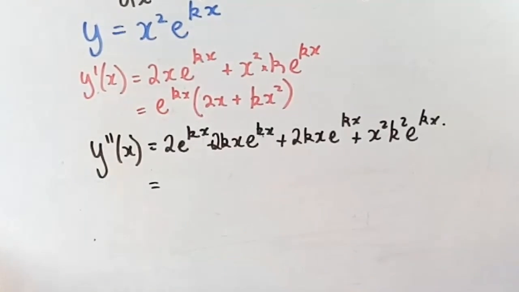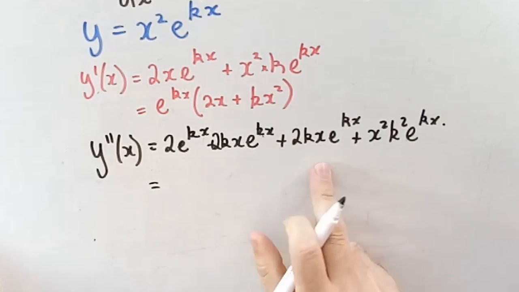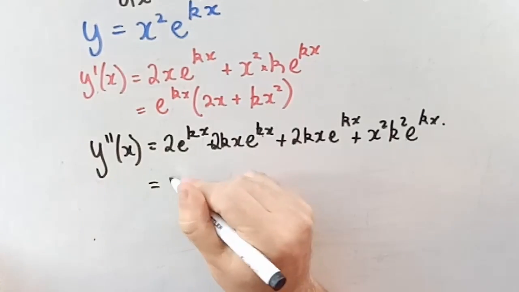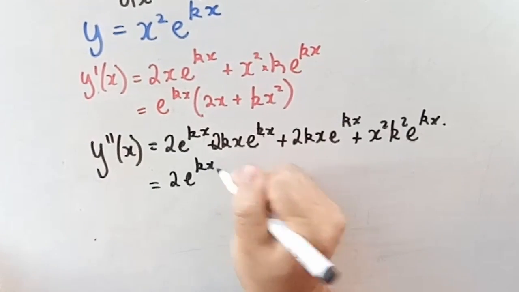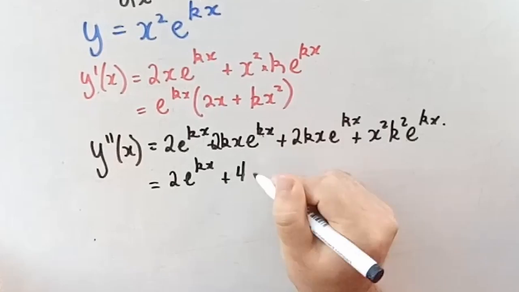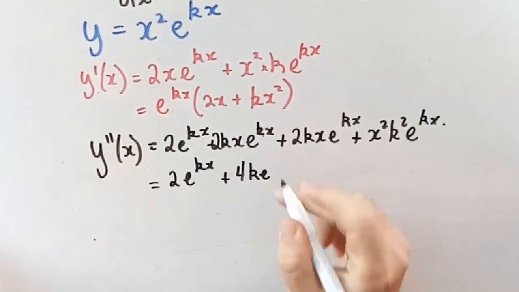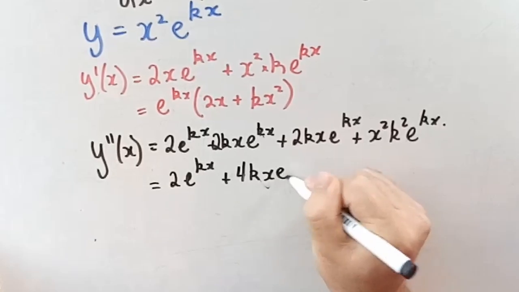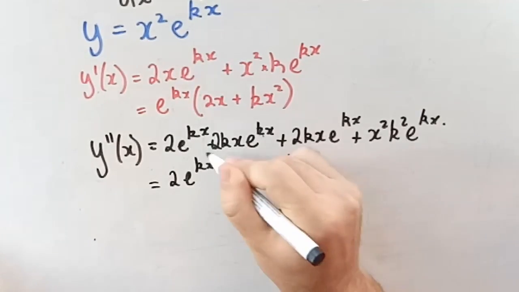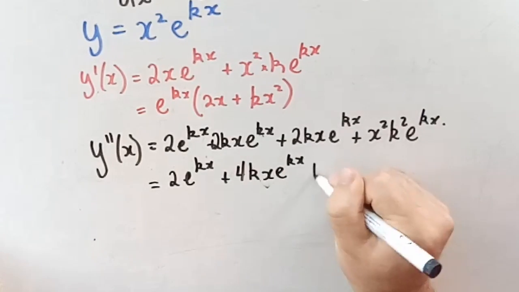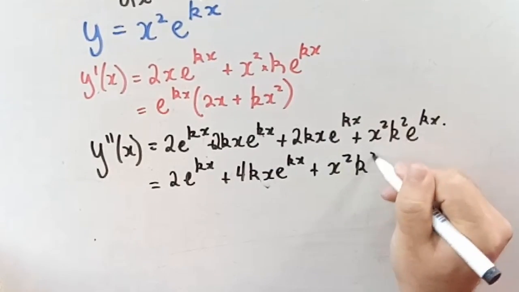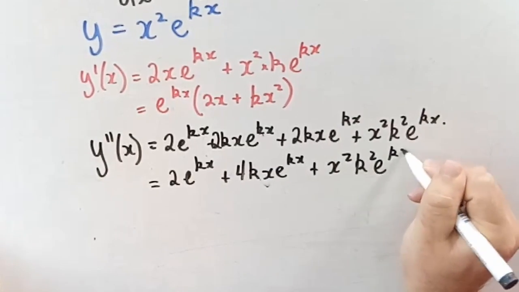I can simplify that a bit because these add up in the middle. These are like terms, so I've got 2e to the kx plus 4kx e to the kx, that's those two added up, plus x squared k squared e to the kx.